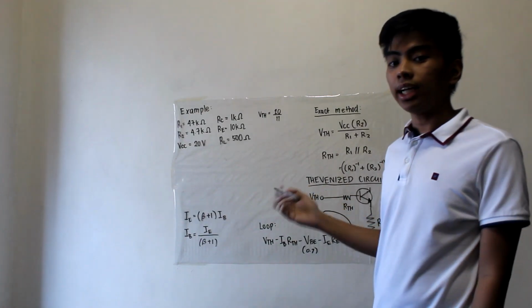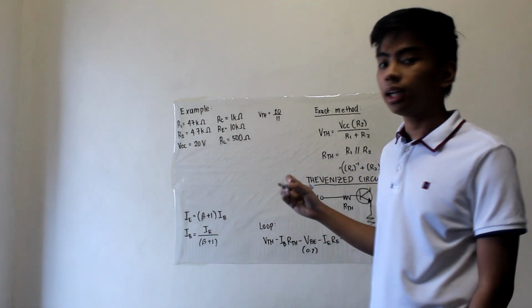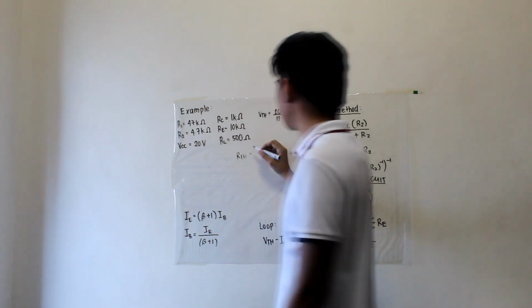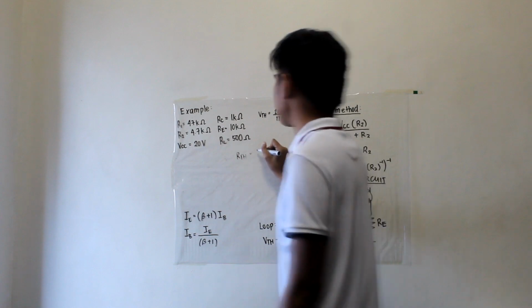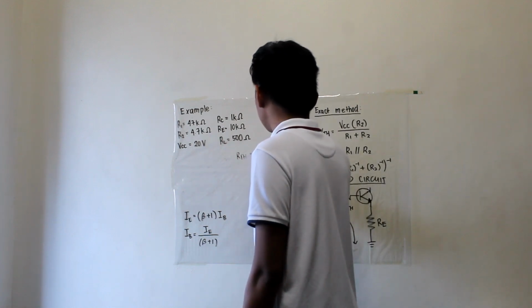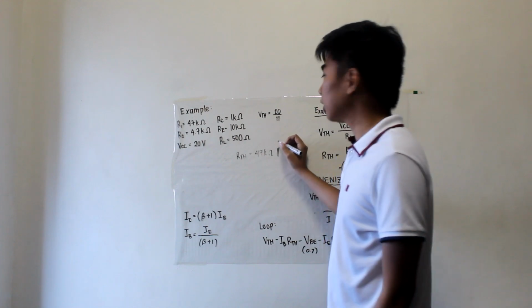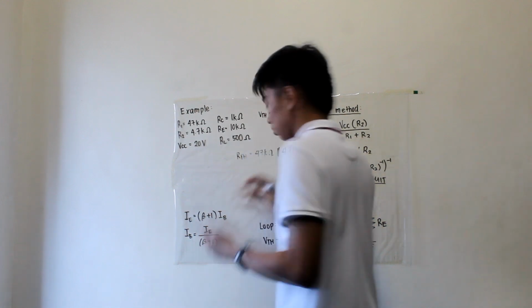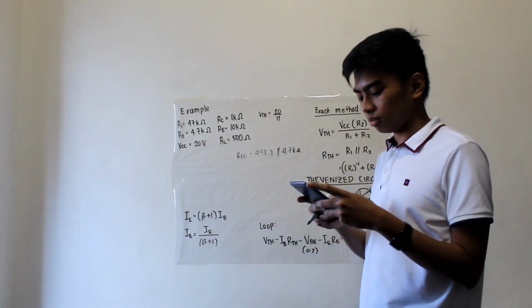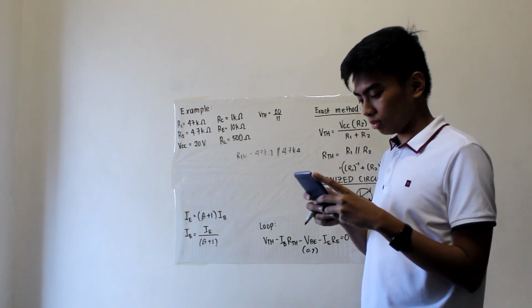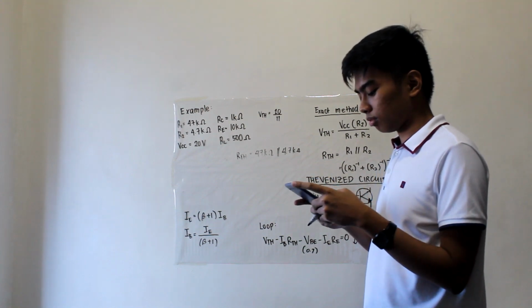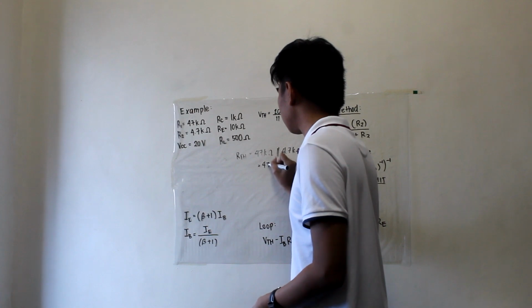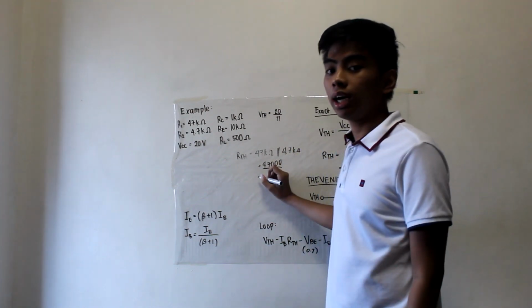Now we will solve for RTH. RTH is equal to R1 parallel to R2. R1, which is 47K ohms, parallel to R2, which is 4.7K ohms, which is equal to 47,000 over 11 ohms.